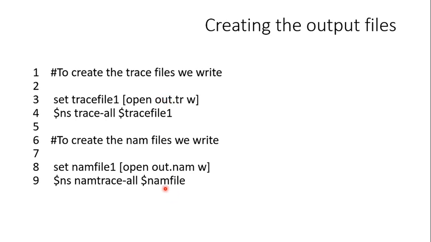Here, .tr and .nam are the extensions, and out is the file name. If you have used some source file name as source.tcl, then this would be source.tr and source.nam. So these are the file names and these are the extensions. Likewise we will be using the two types of output files here.